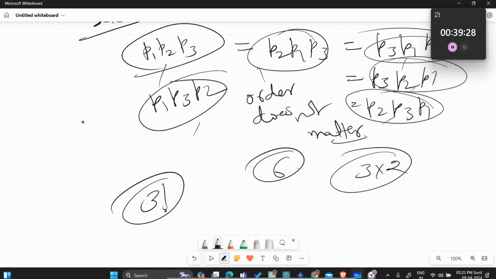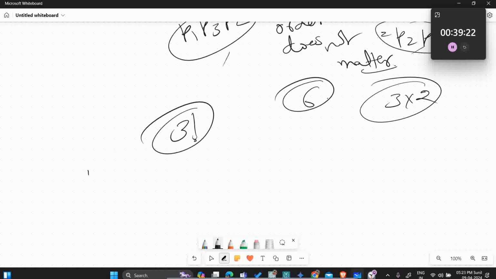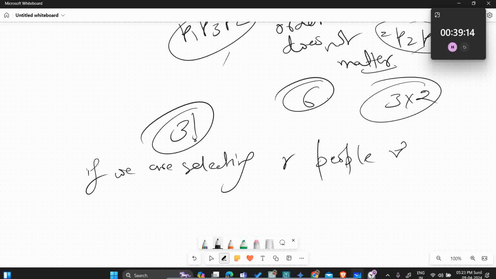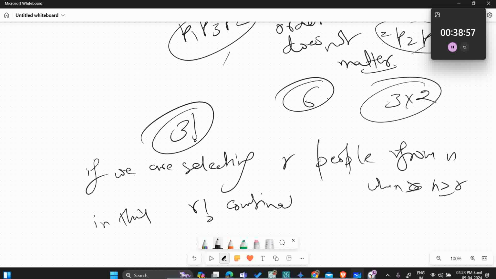So if we are selecting people from n, where n is greater than or equal to r, then r factorial arrangements will be equivalent to each other.